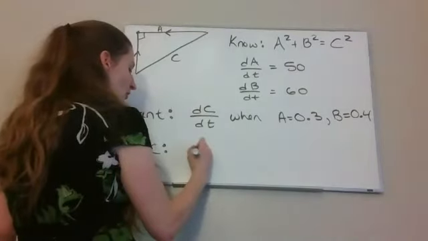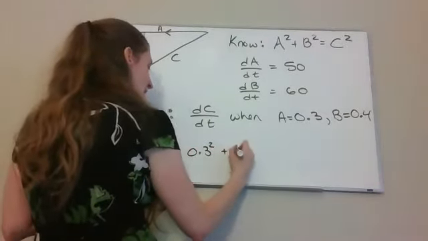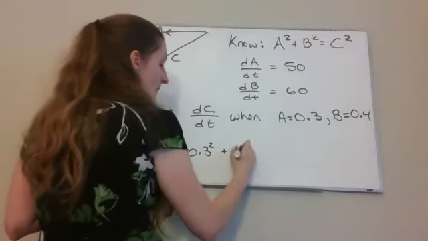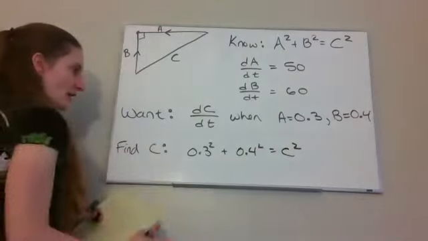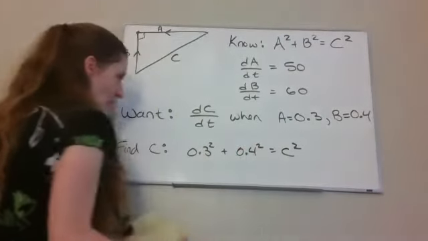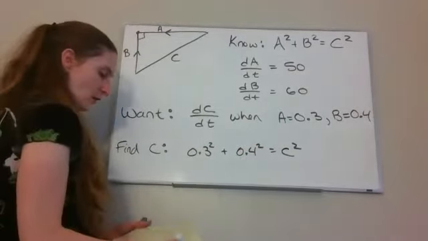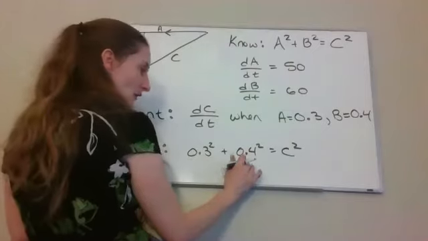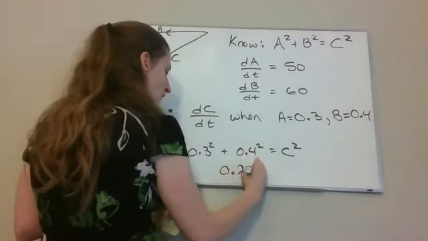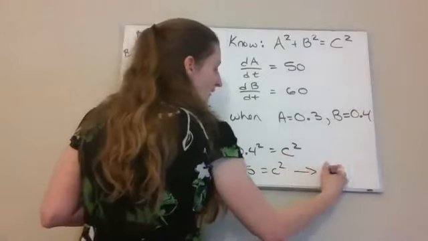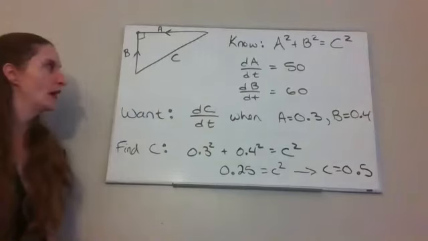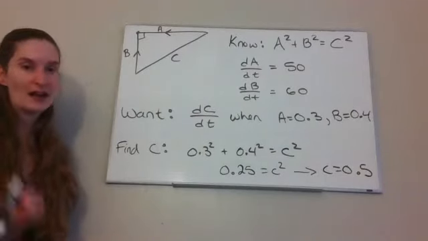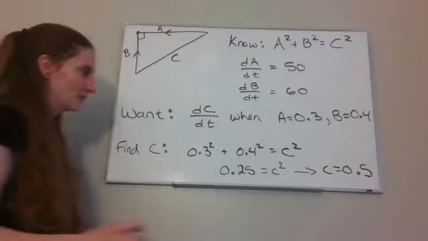When a is 0.3 and b is 0.4, I know that I'm going to have 0.3 squared plus 0.4 squared equals c squared. And this, of course, is 0.09 plus 0.16, which is 0.25, equals c squared. Take a square root to get c equals 0.5. So now I'm all set to take derivatives and I have everything I need to plug in.